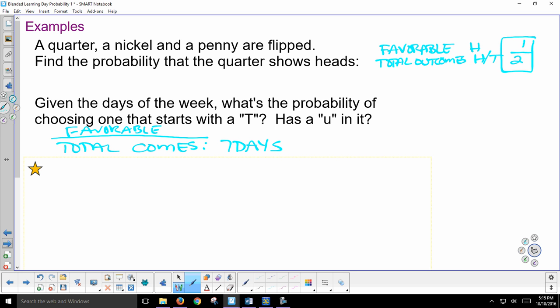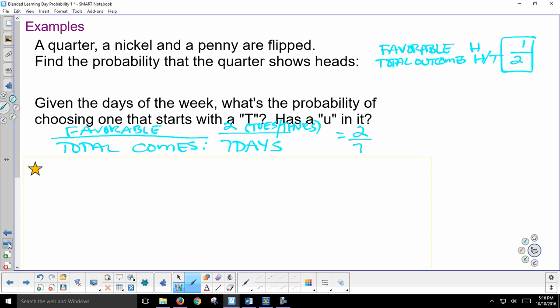In this case, we're talking about days that start with a T. Well, that's Tuesday and Thursday. So 2, Tuesday and Thursday are our favorable outcomes. So my final answer is going to be 2/7. I can't reduce that. So my probability of choosing a day that starts with a T is 2/7.